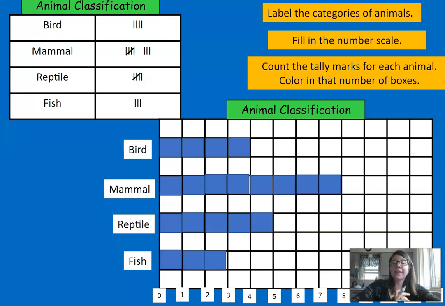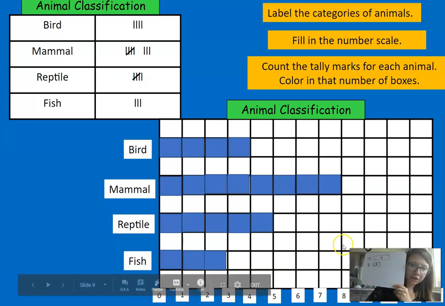Okay. Next question. How many more mammals are there than reptiles? What I'm going to do is draw a tape diagram. So there are 8 mammals and 5 reptiles. Now, my tape diagram kind of looks like the picture here, right?